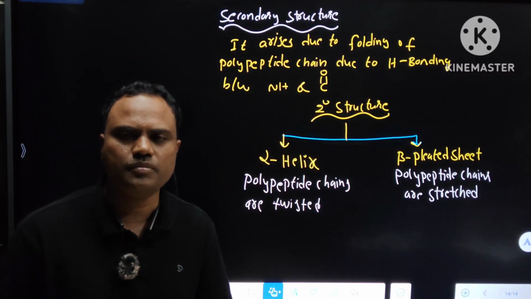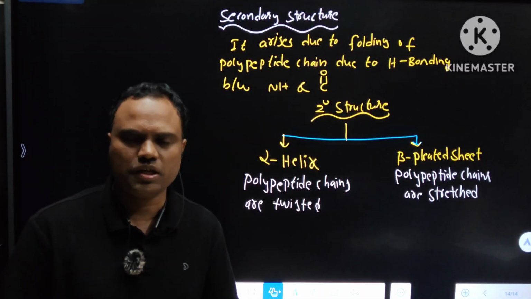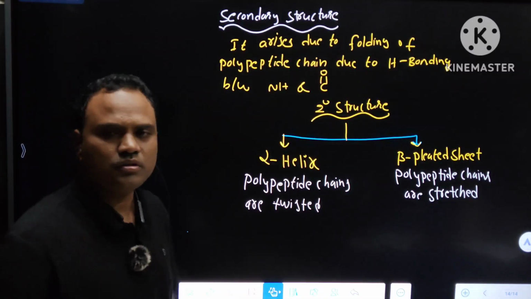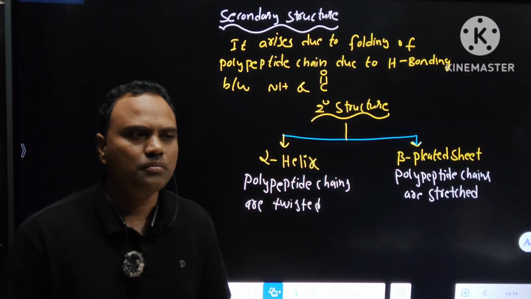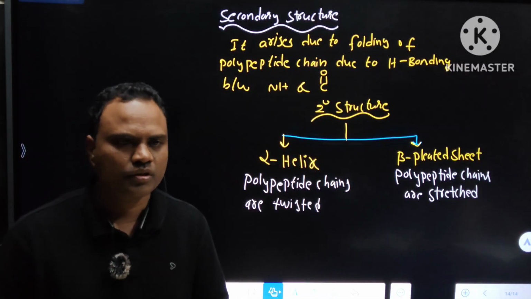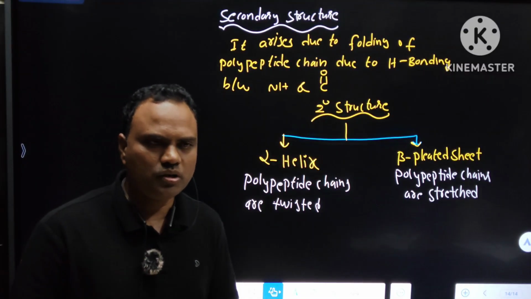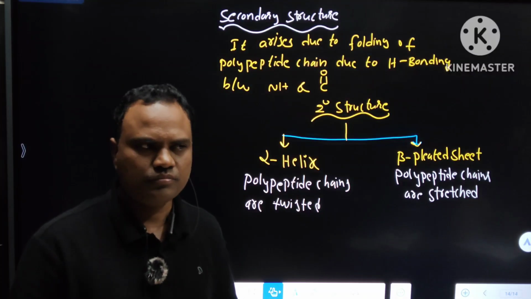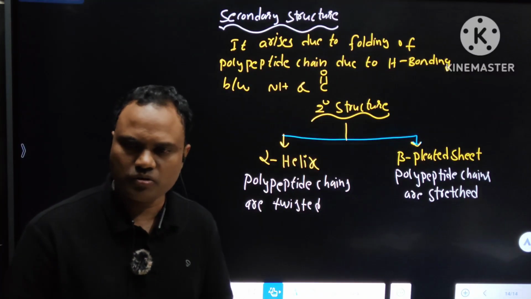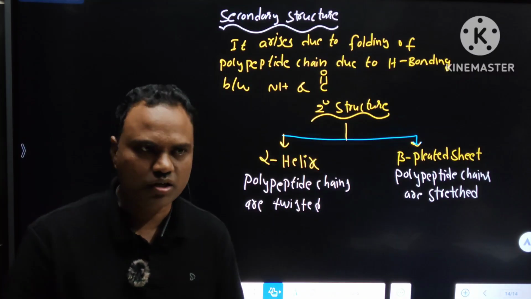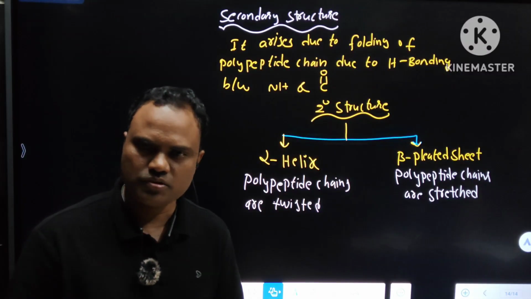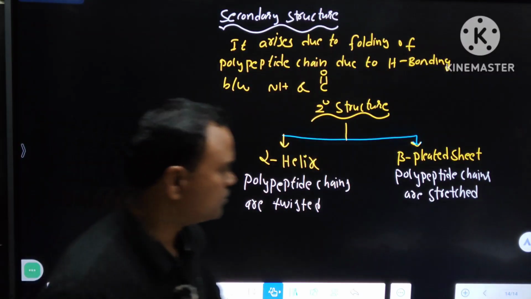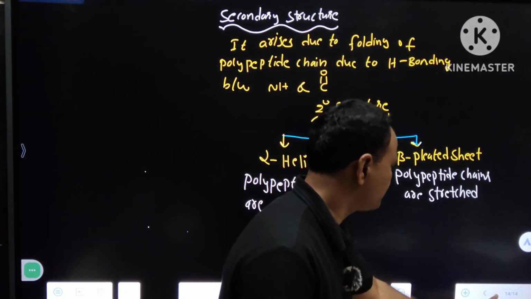Primary structure is stabilized by covalent bond. Secondary structure is stabilized by hydrogen bond. Tertiary structure is stabilized by many factors: ionic bonding, hydrogen bonding, van der Waals interactions, disulfide interactions, several.